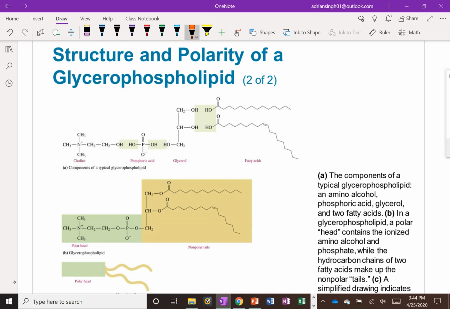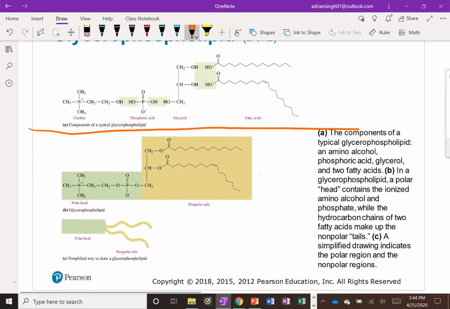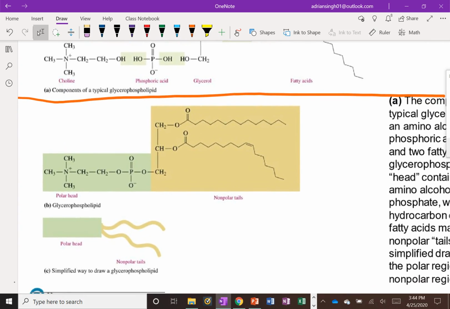So we have here a typical glycerophospholipid shown on top. All right, so let's, well, that's the components. Let's focus in down here on an actual glycerophospholipid. So let's identify the different regions. There's the glycerol backbone.